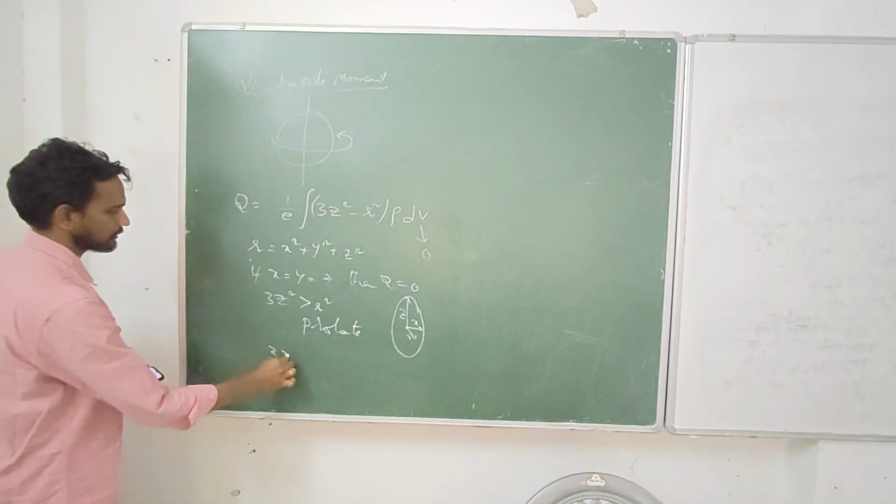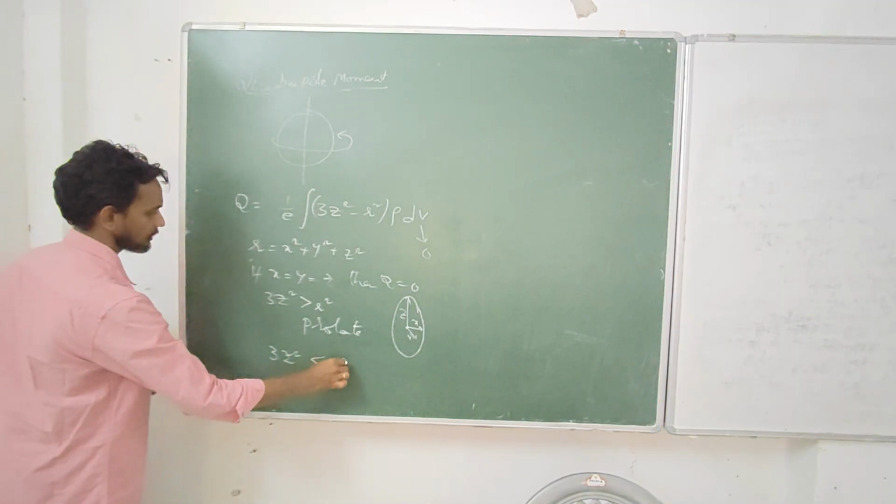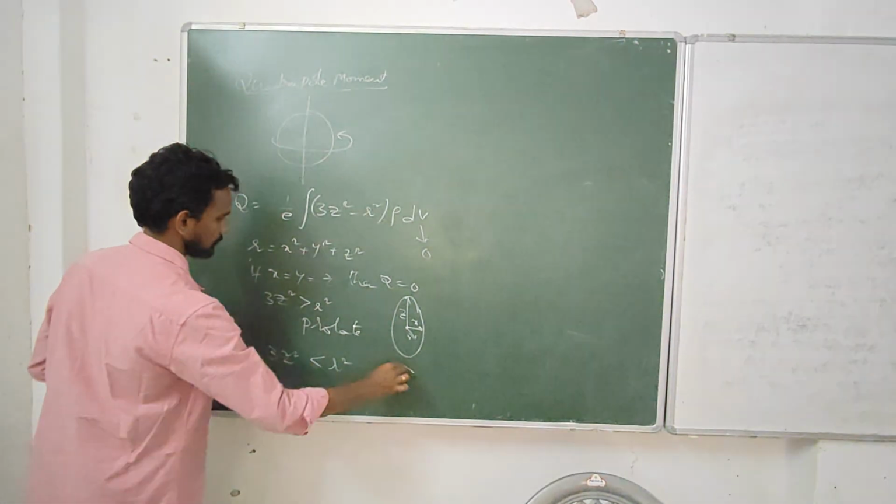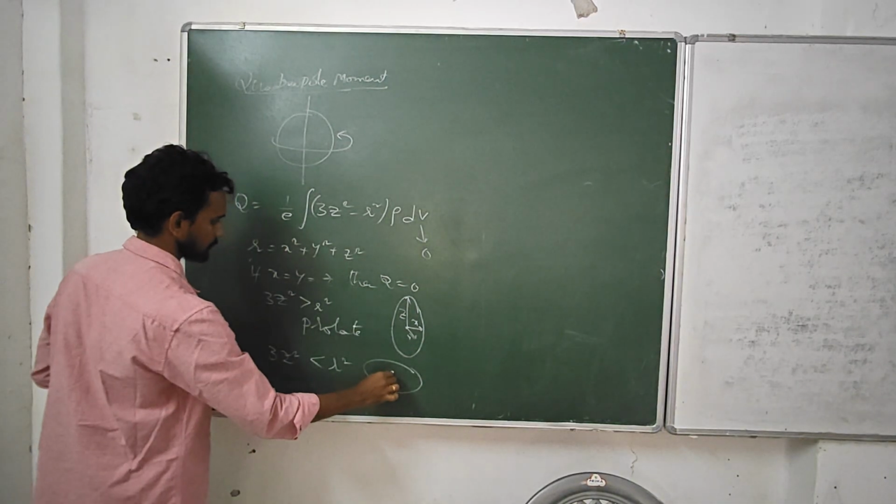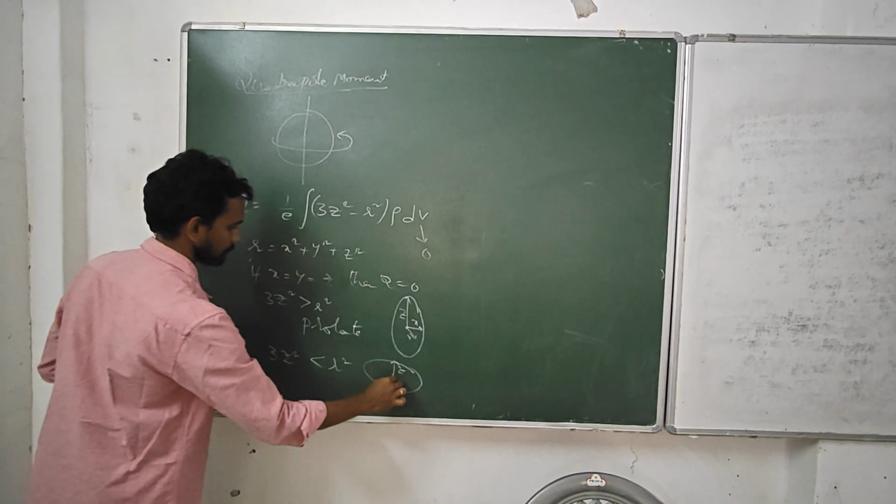And another possibility, 3z square is less than r square. So then xy plane extensions are more compared to z.